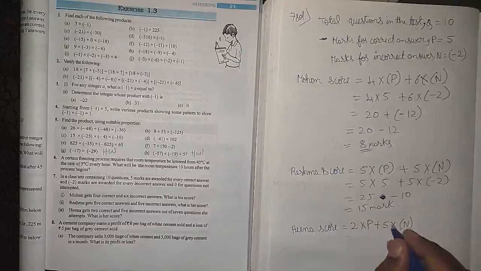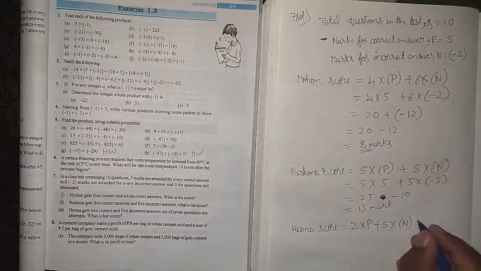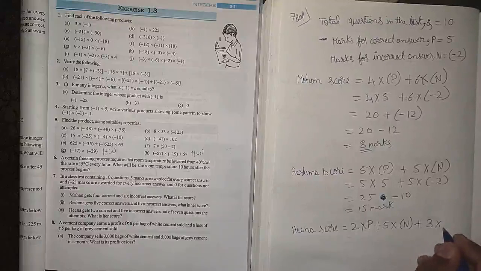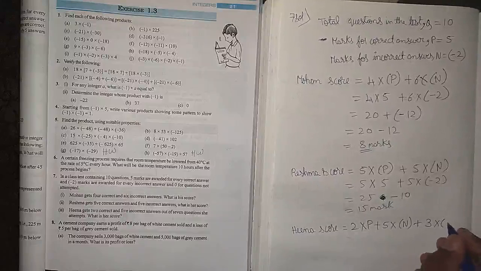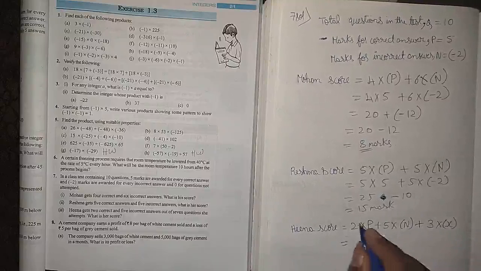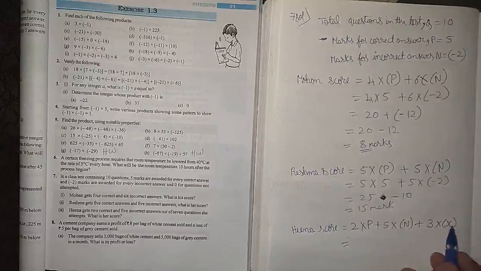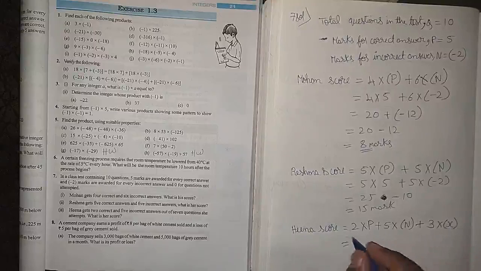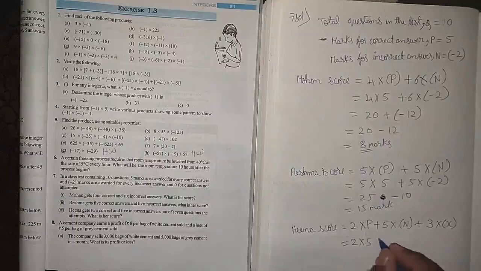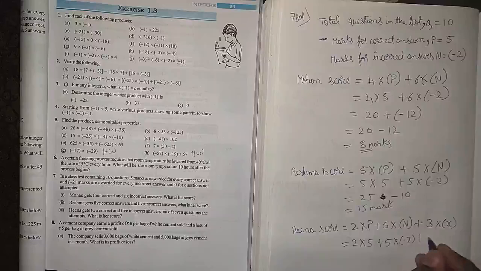Totally 7 questions she is attempting, 3 questions she is not attempting. So plus 3 into X, let us take not attempting as X. So 2 into P value is 5, plus 5 into minus 2 plus 3 into 0.